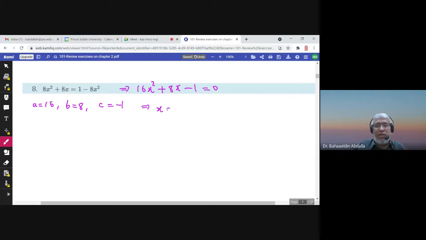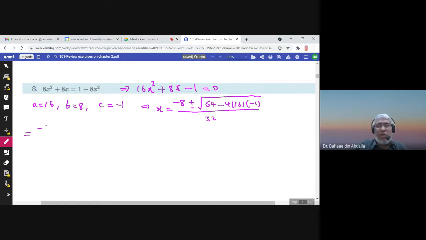x equals negative b, so it's negative 8, plus or minus the square root of b squared, which is 64, minus 4 times a, which is 16, times c, which is negative 1, over 2 times 16, which is 32.